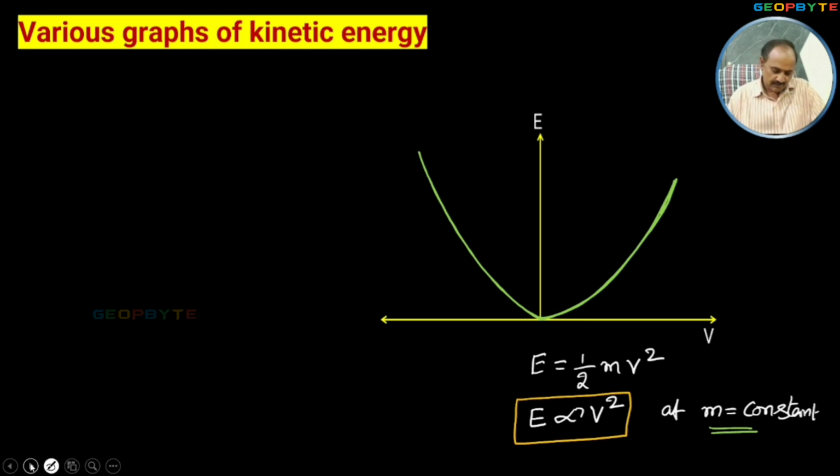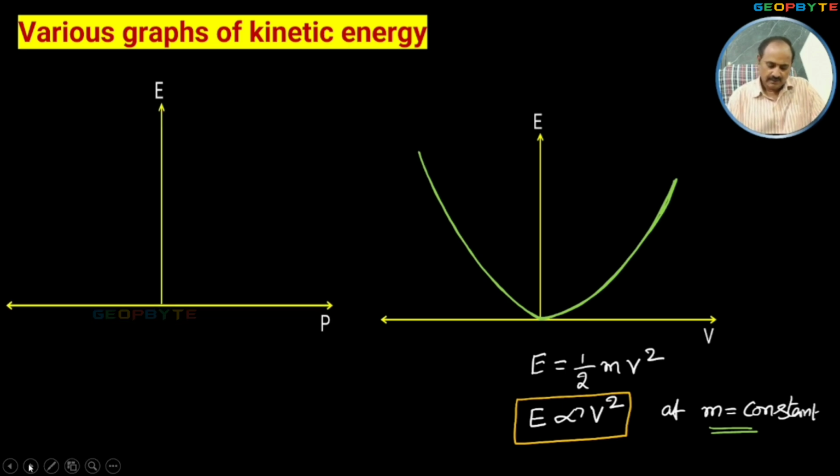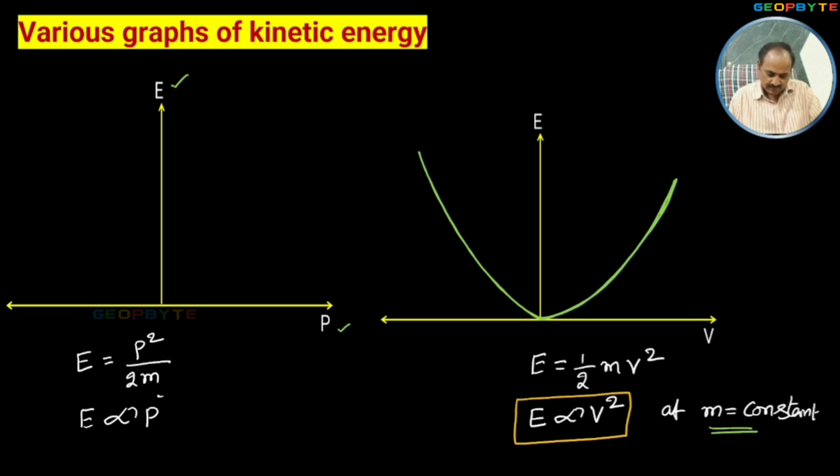Similarly, look at another graph, kinetic energy versus the linear momentum. As you know, the kinetic energy equal to p square by 2m. From this, I can write that kinetic energy is proportional to square of the linear momentum at constant mass.